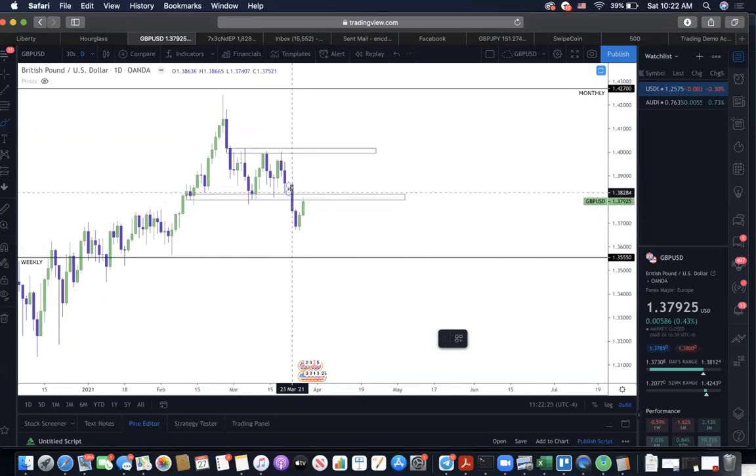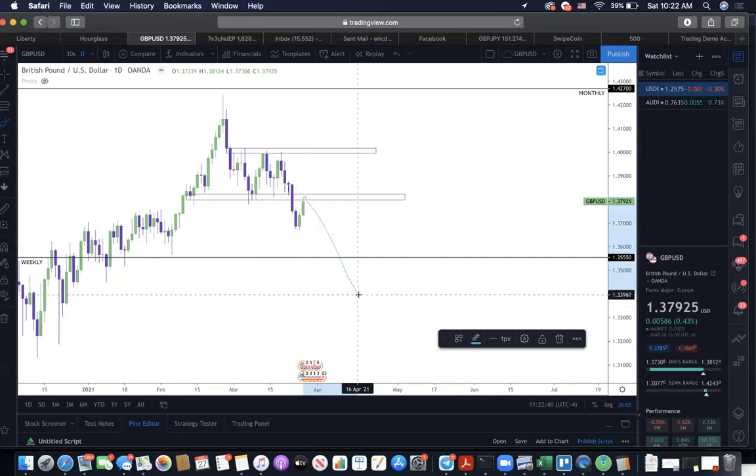And it's been under this level for about 4 days, right? So price can come down, come back up, and continue going down.